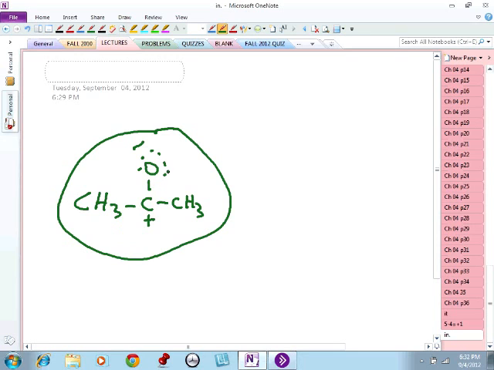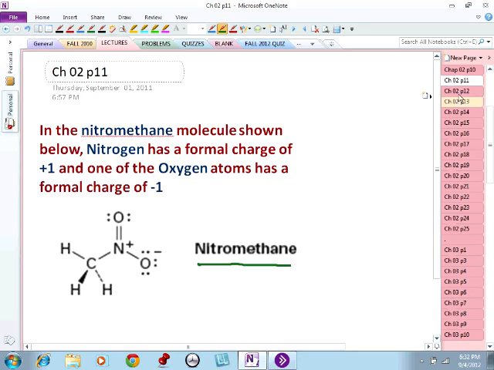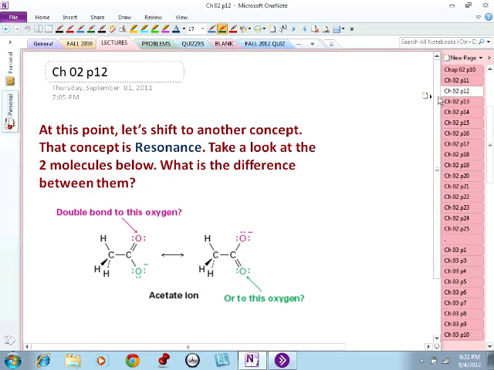Now this takes us to another concept, which we call resonance.